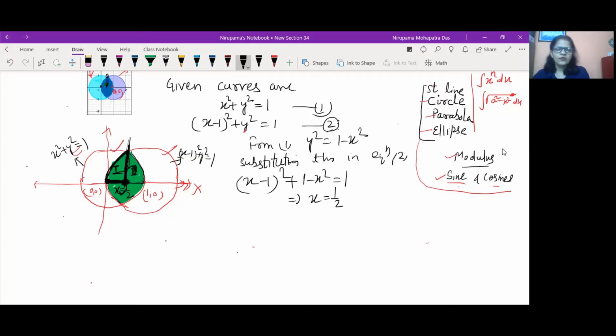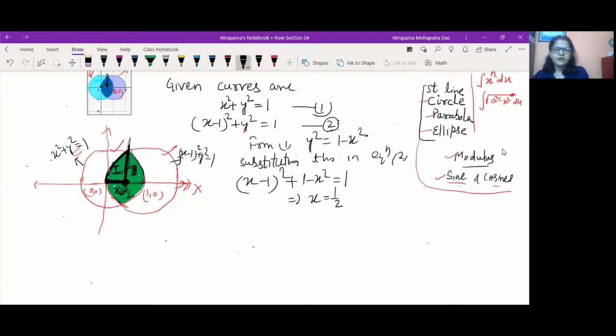From 0 to 1 by 2, the area of the region bounded by the circle (x minus 1) whole square plus y square equal to 1, plus the area of the region bounded by x square plus y square equal to 1, with limits from 1 by 2 to 1. I'm sure it is very clear to you.